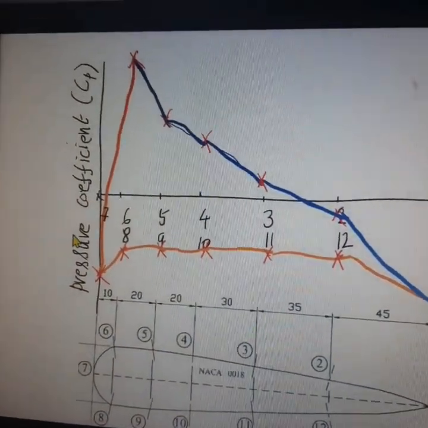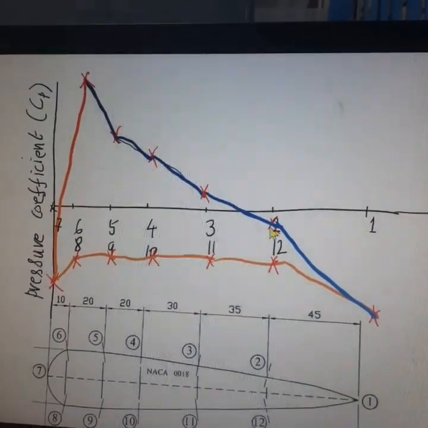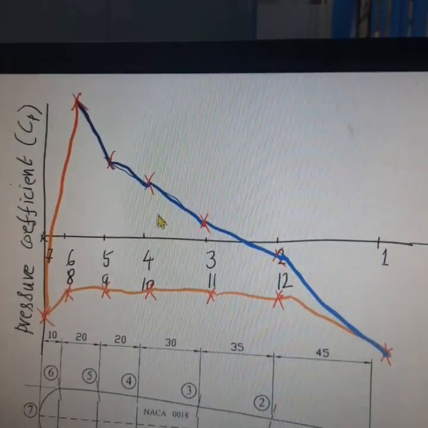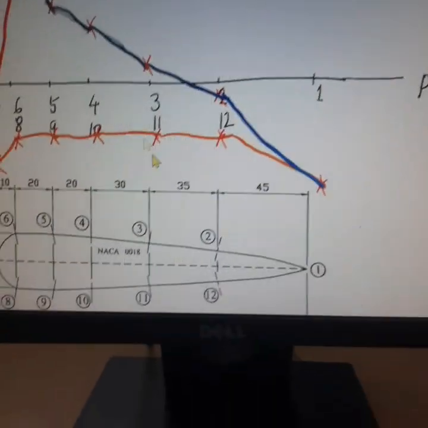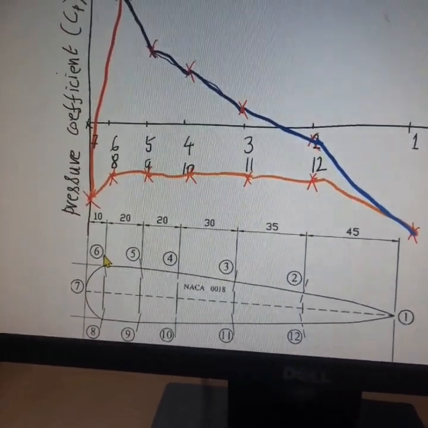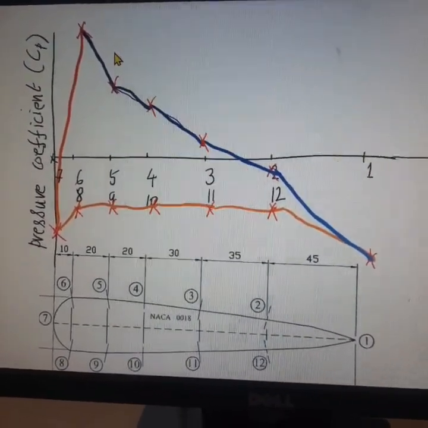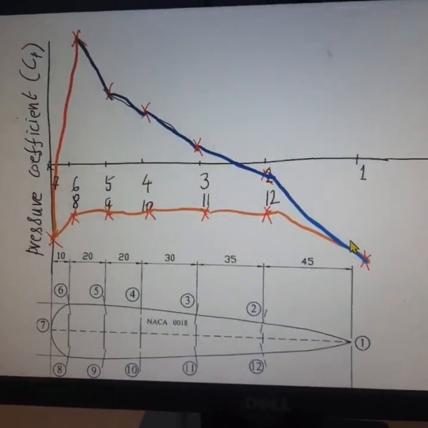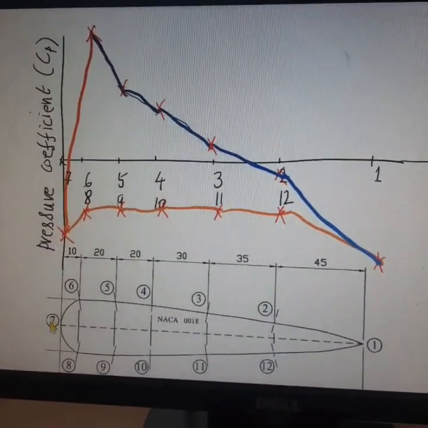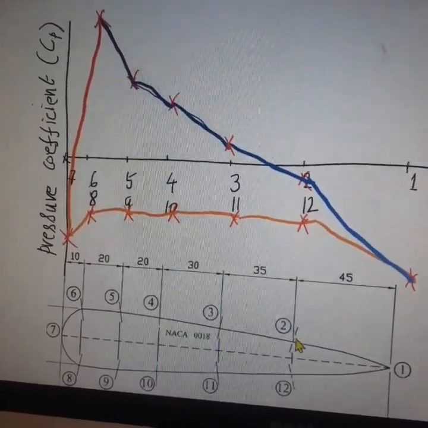The y-axis is the pressure coefficient. We are going to mark the pressure coefficient with regard to all the 12 points. Then we draw a curve joining point numbers 2, 3, 4, 5, 6. These pressure tapping points are on the top side of the aerofoil. This blue color line shows the curve drawn joining the pressure coefficients for points 6, 5, 4, 3, 2.